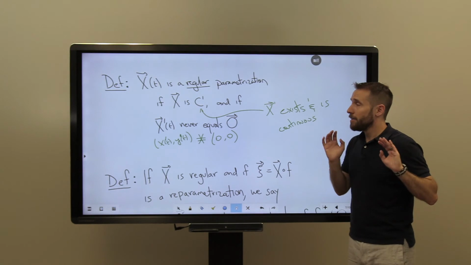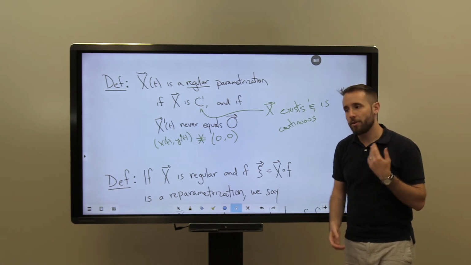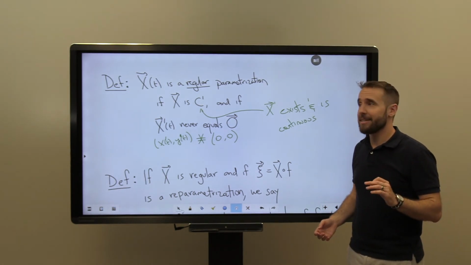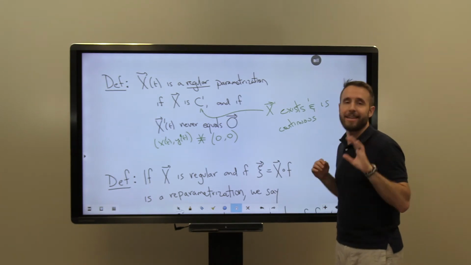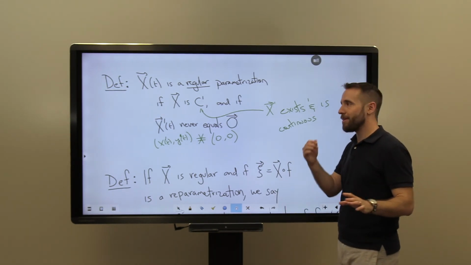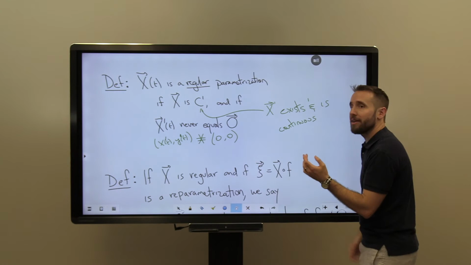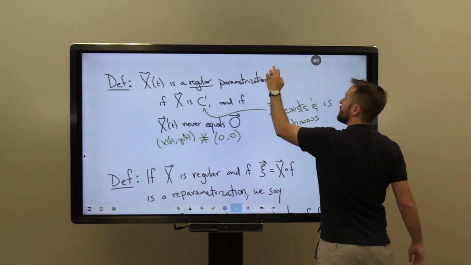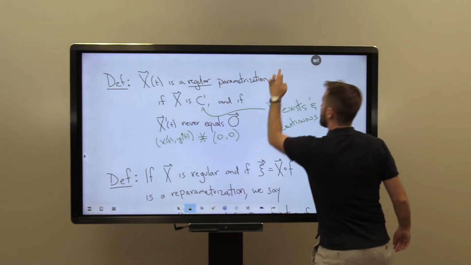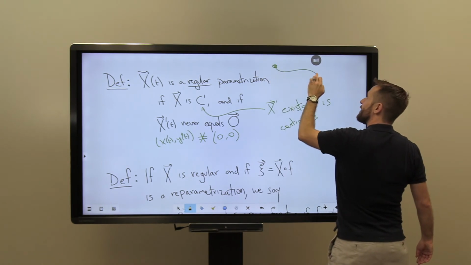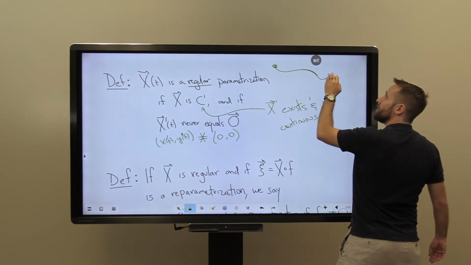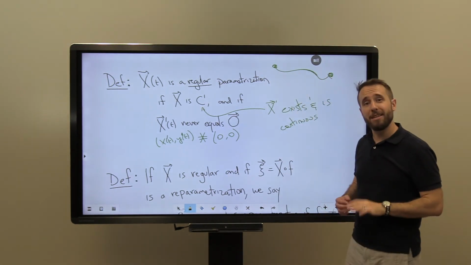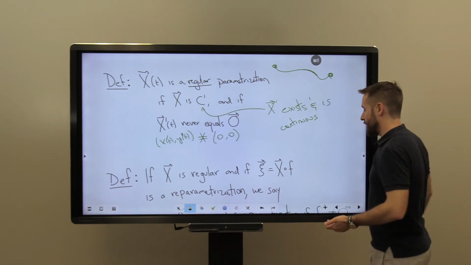Full disclosure, regular parameterizations, like we said, are the ones that we'll be dealing with most often in this class. In general, this just means that nothing funky happens with our parameterization. We talked earlier about examples in which our curve might double back on itself. Well, if we have a regular parameterization, this cannot happen.